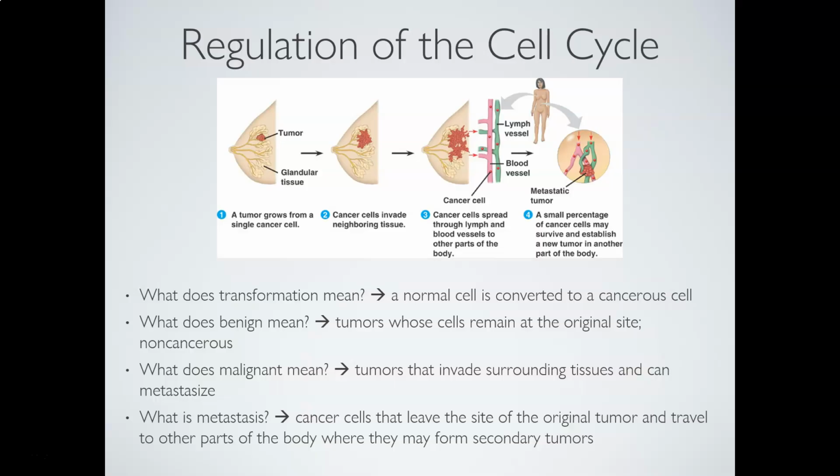So when they get lodged somewhere else, say from breast tissue into your liver or into your stomach or into your brain, and start forming those secondary tumors, that's when we talk about that metastasis. So those cancer cells have now left their original tumor, traveled elsewhere, and started forming secondary tumors.